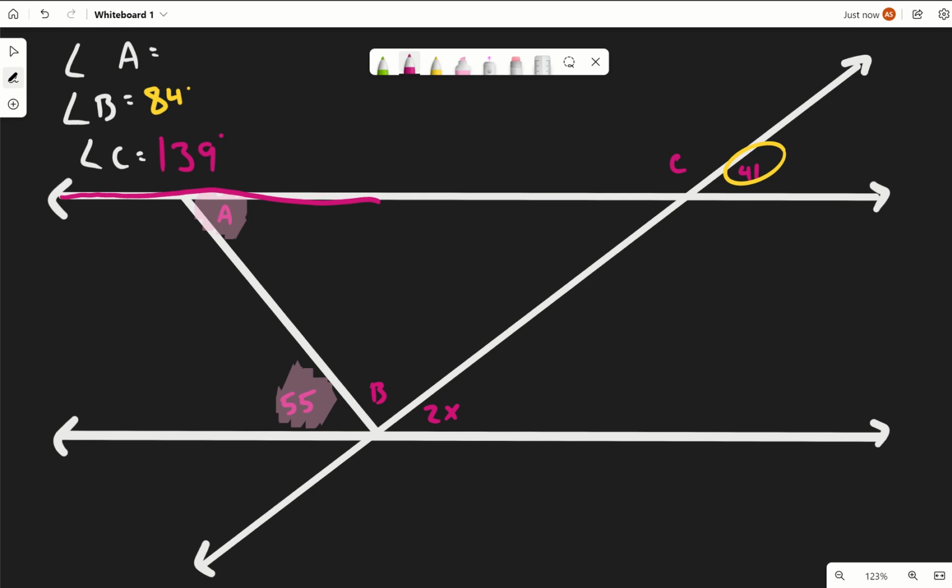Because here's our transversal, with our diagonal, and we know that A and 55 are alternate interior, and because things are alternate interior, they are the same. Angle A equals 55 degrees. So by putting everything together here, we're able to figure out how many degrees everything is.